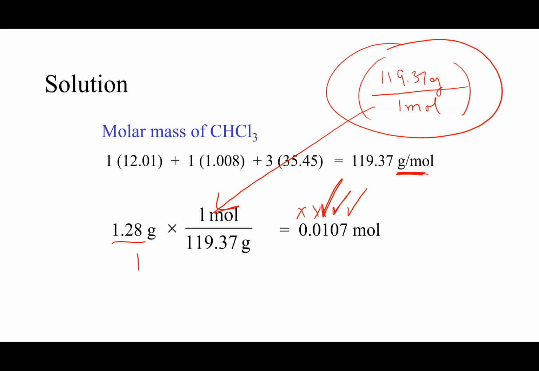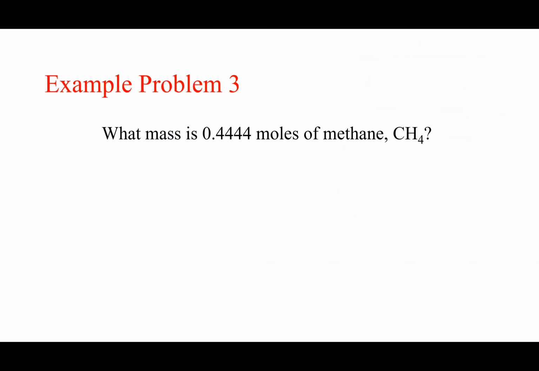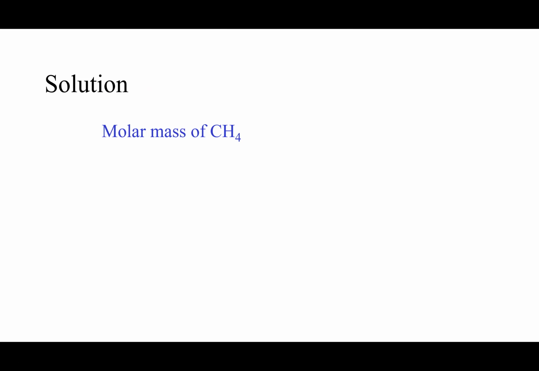Let's do another one. Here we go. Different compound. Now I see a number with moles, so that must be what I'm going to start with. That's going to be my first term, 0.4444 moles over 1. I'm going to use the molar mass of this compound. So we're going to use the periodic table to knock out the molar mass of CH4.